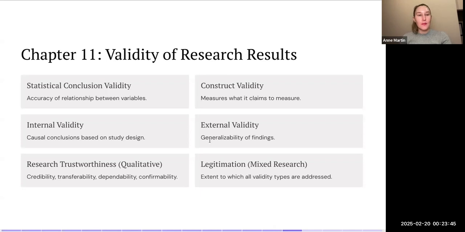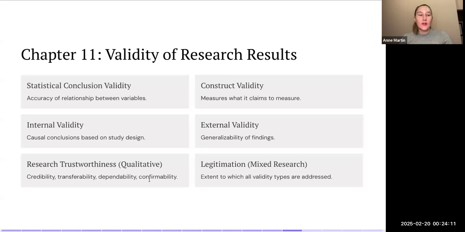I'll just talk about a little bit, but some of the main concerns, as it's phrased, are threats to validity. In terms of quantitative research, there's statistical conclusion validity, maybe the sample size is too low, and so there's low power. Construct validity, I'll talk a little bit about that. Internal validity and external validity.